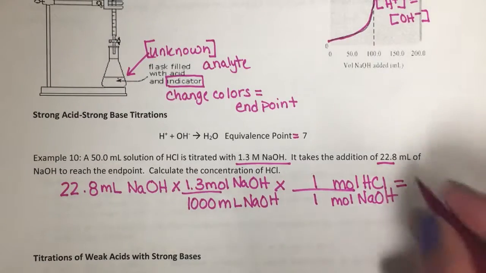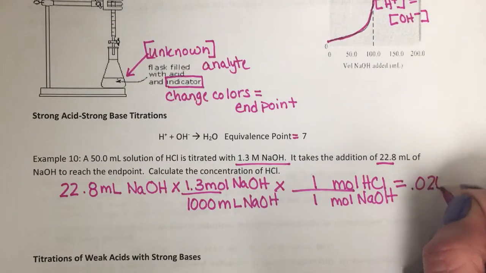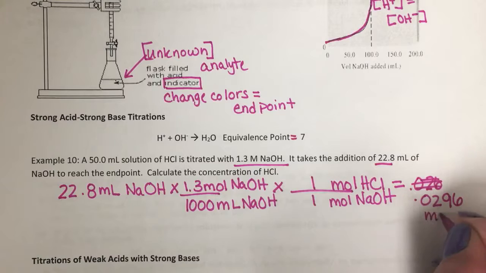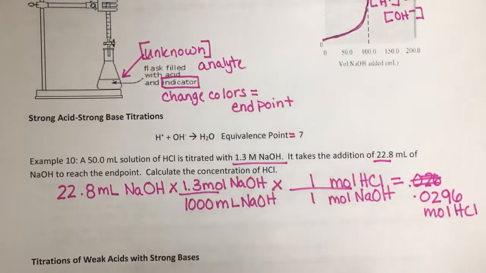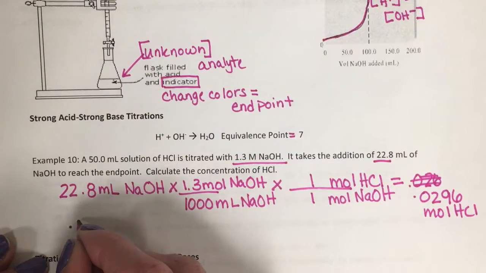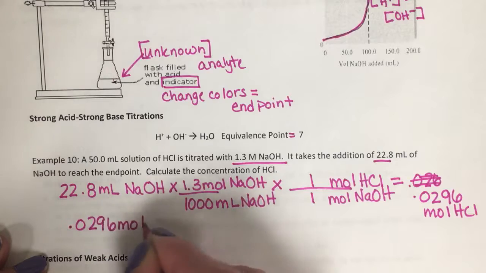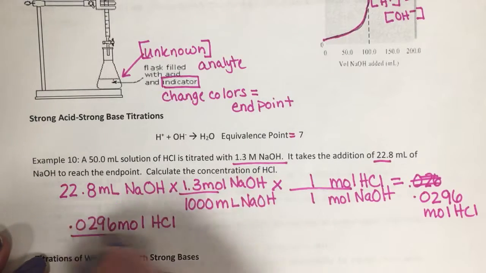So I've got 0.0296 moles of HCl in my container. But that's not molarity. That's just my moles. Molarity is moles per liter. So I've got 0.0296 moles of HCl.